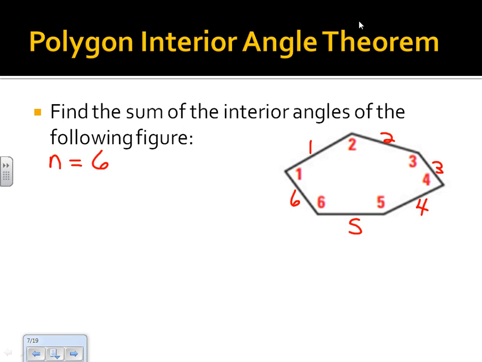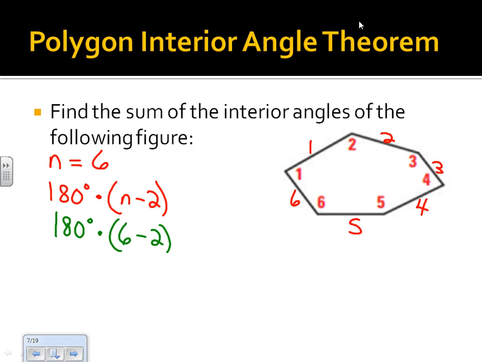From here, all we have to do is plug it in our formula. So what's my formula again? 180 degrees, please. Times n minus 2. And now we're going to rewrite it, but we're going to plug in my variable. So we get 180 degrees times, what do I plug in for n? 6.